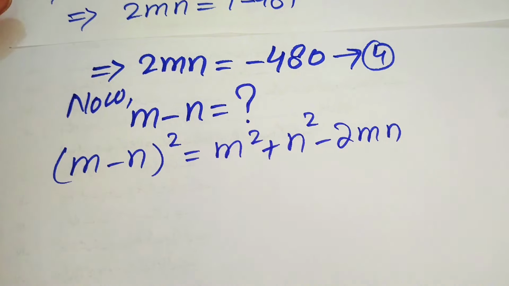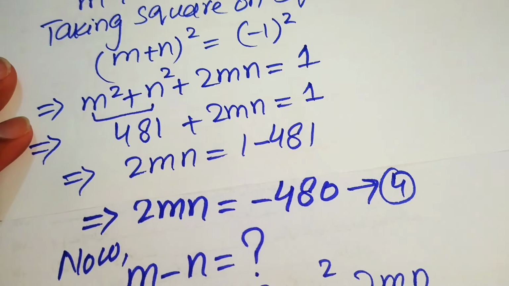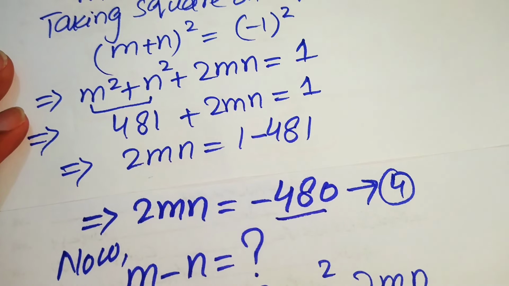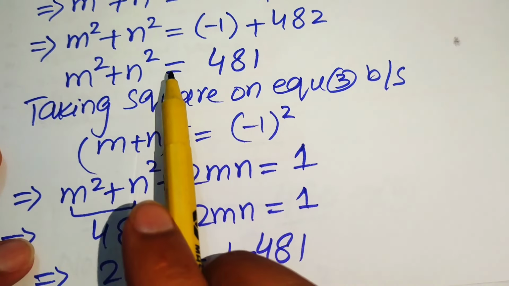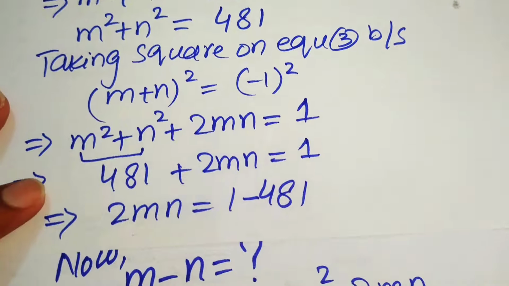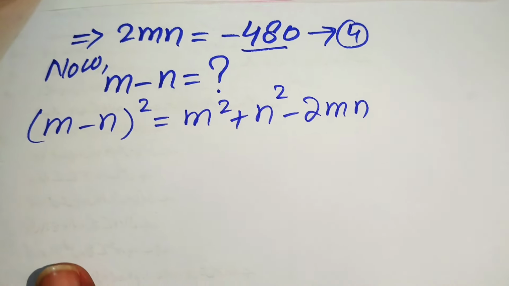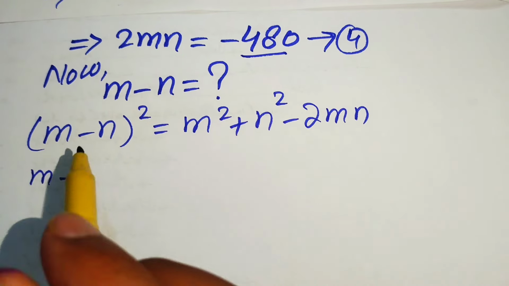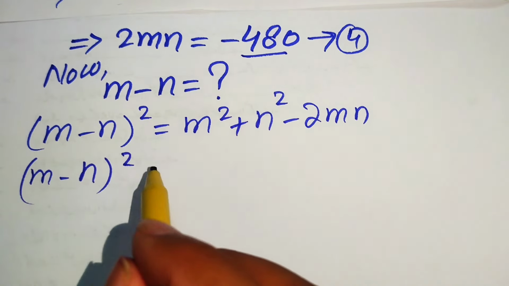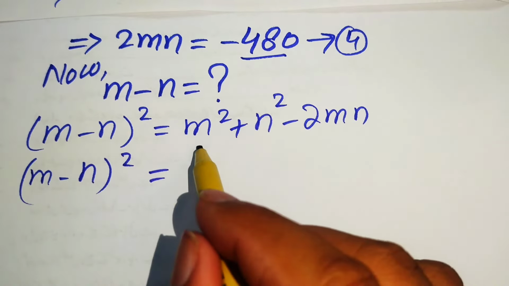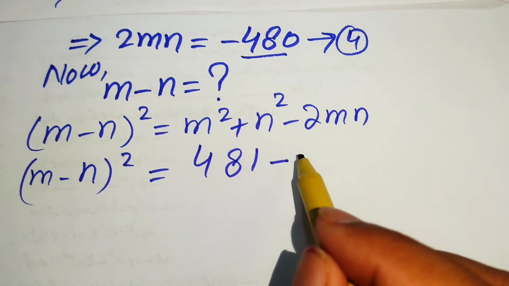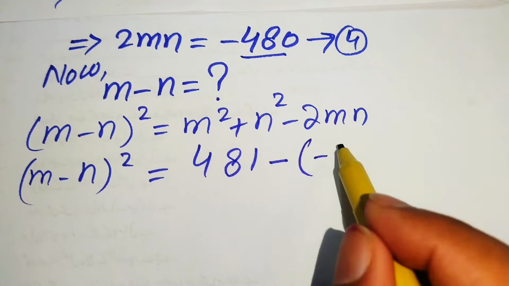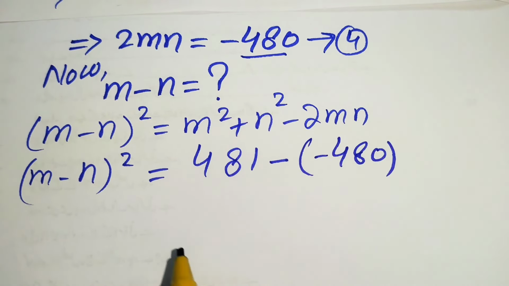We have the value of 2 times mn as minus 480, and the value of m square plus n square is 481. Now we substitute these two values and we get m minus n whole square equals 481 minus minus 480.